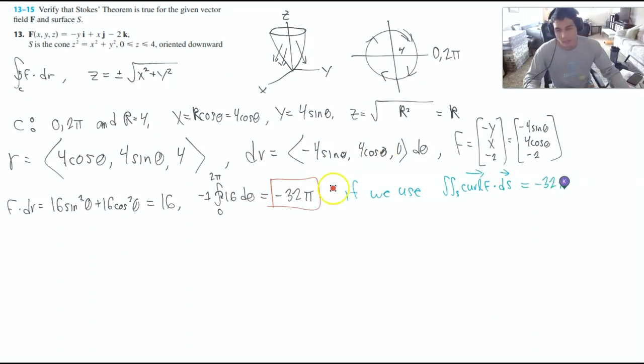If we do everything correctly, we should get the same answer, because that's how Stokes' theorem works. So let's do that. I don't know why my tablet is messing up real quick. Let's use Stokes' theorem. Okay, so let's just start by taking the curl. So the curl of f.